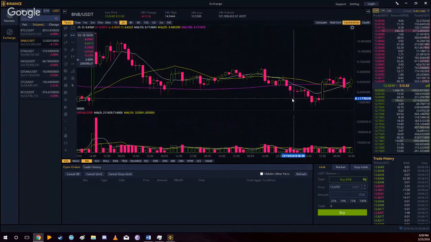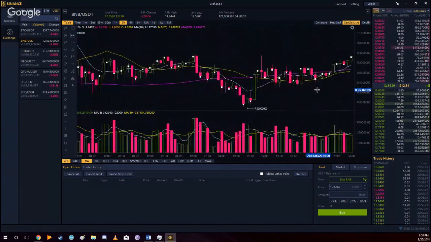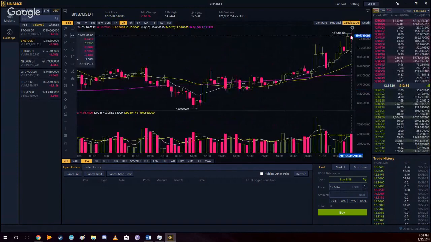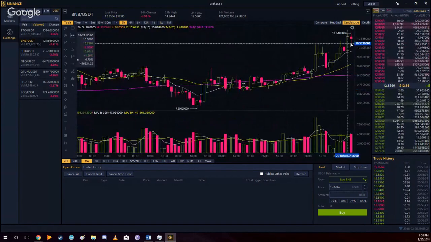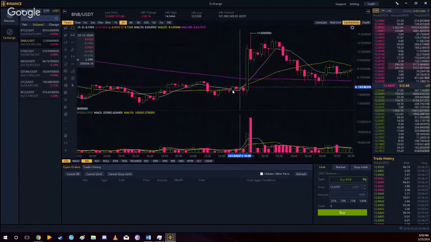Like when it went down here, and here again, if you would have bought, you would have caught this pump right here, also here again.